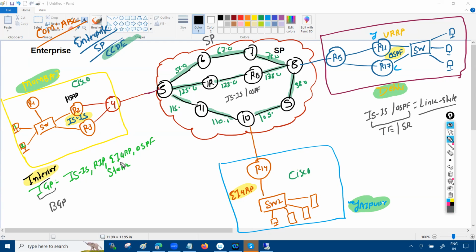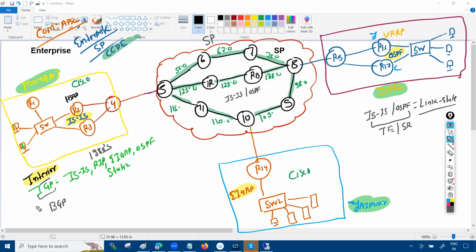Whatever protocols you are seeing right now on this dashboard, all of these protocols are from the 80s and 90s. Engineers made enhancements in the protocols and relaunched different RFCs and different features, but originally these protocols came in the 80s and 90s.